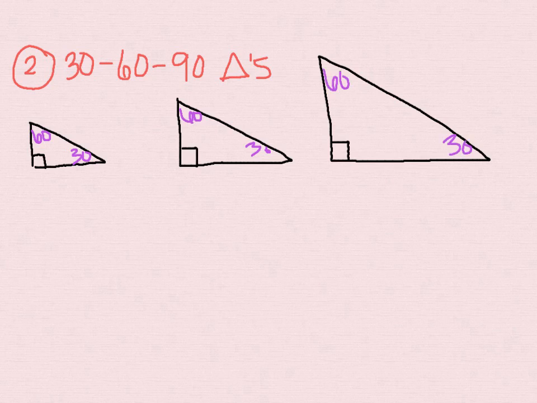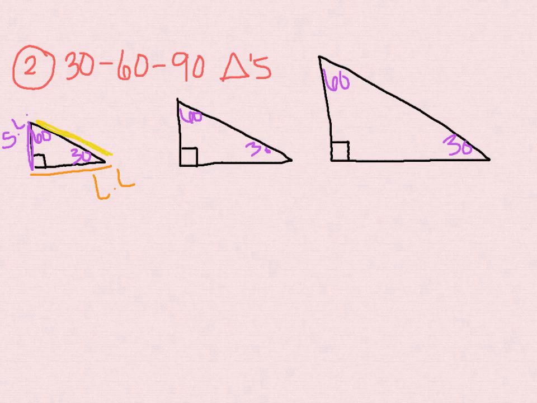So this leg that's shorter we call the short leg. I abbreviate it as SL. And this side down here at the bottom is longer, so I label that as LL, the longer leg. And then, of course, your hypotenuse is always right here as your HYP.